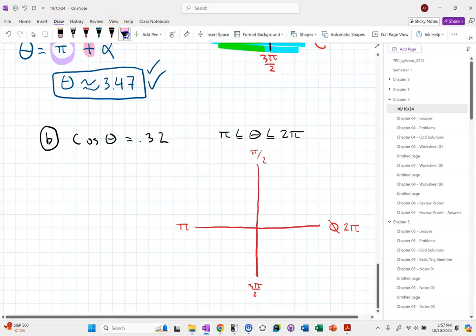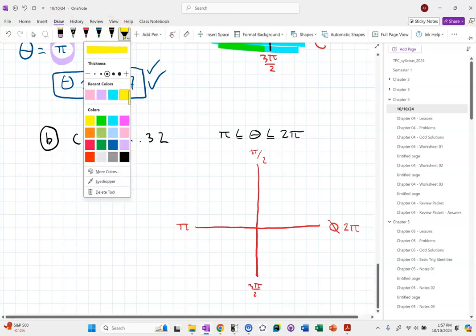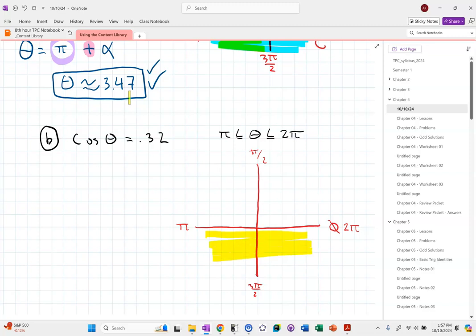Notice that if I go around my axis again, when I get to a value I've already written down, I'm going to cross it out and write the new value in. Everybody see me crossing out the 0 and putting the 2 pi there? It's important that you do that, because when we write our equation for theta, those numbers on the axis are some of the numbers we use. So make sure we're updating.